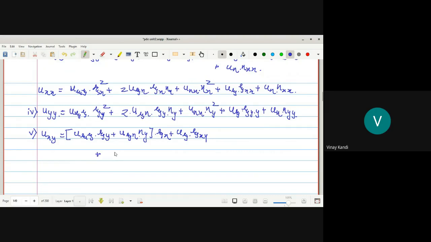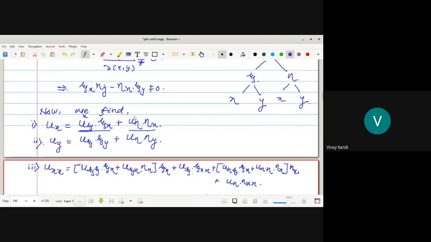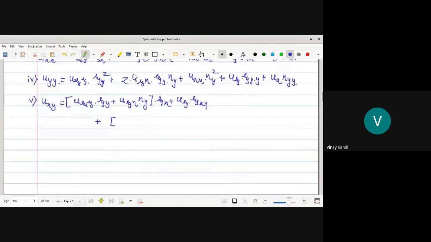Plus now in the second one use the product rule as well. Now the derivative of first one: u_ηξ, and ξ is a function of y, plus u_ηη, and η is a function of y, and second as it is, η_x, plus first as it is and derivative of second η_xy.